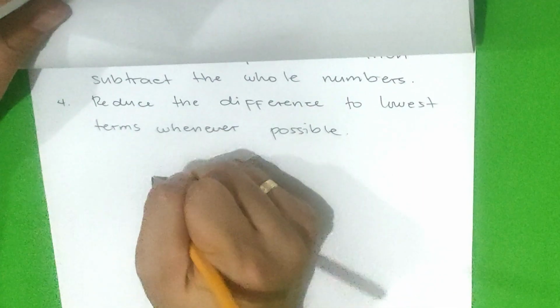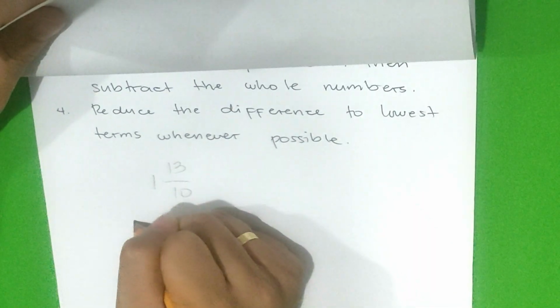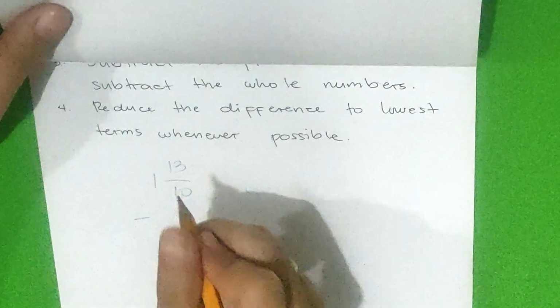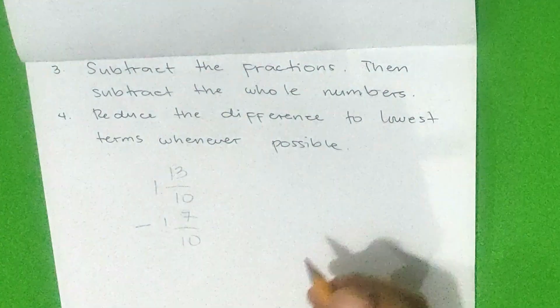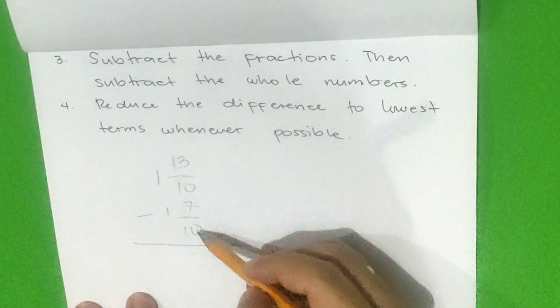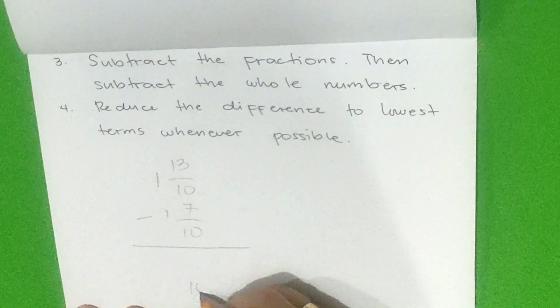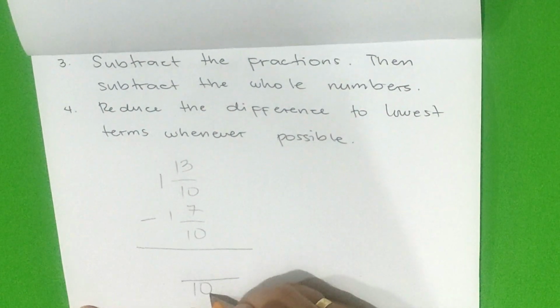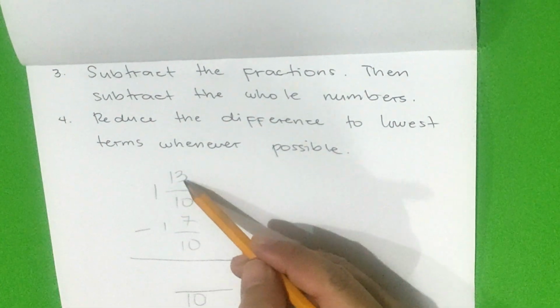Our new minuend is 1 and 13/10 minus 1 and 7/10. Since our set of fractions are similar fractions, let's just copy the denominator 10 and subtract the numerators.